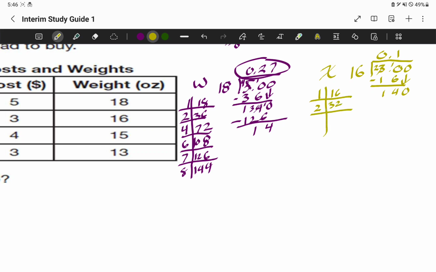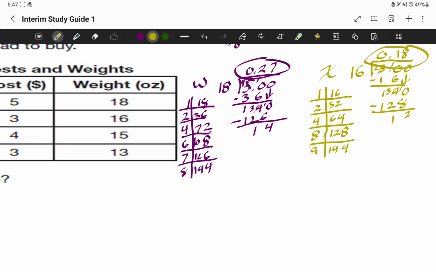And again, if you need to do your table. And so 18 cents.